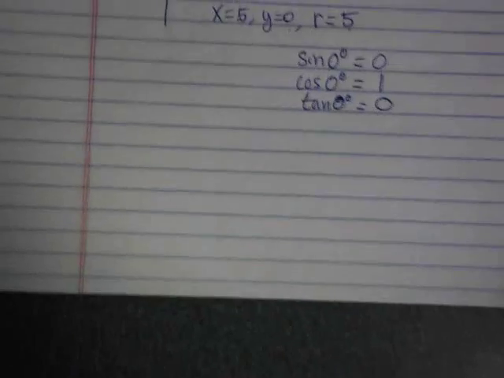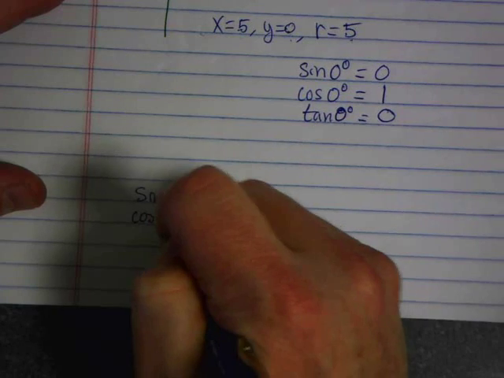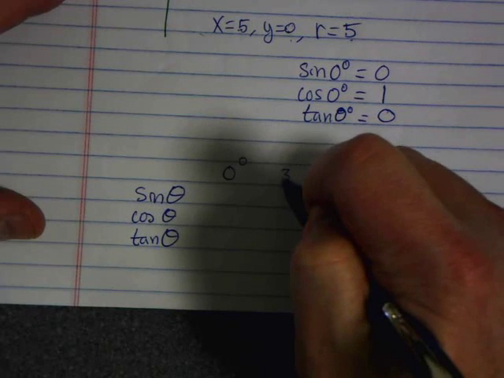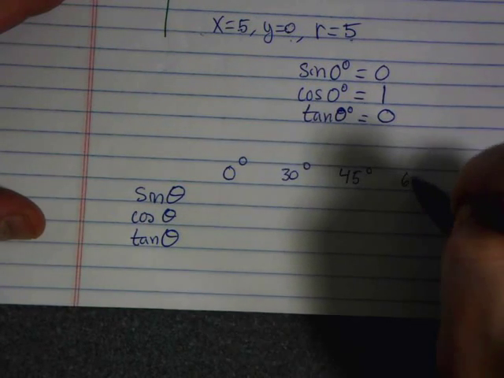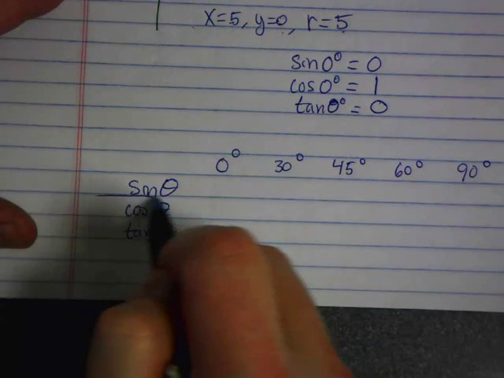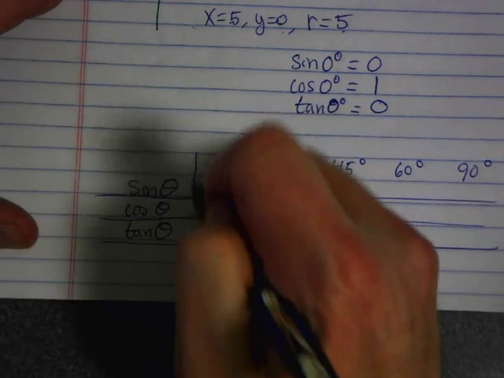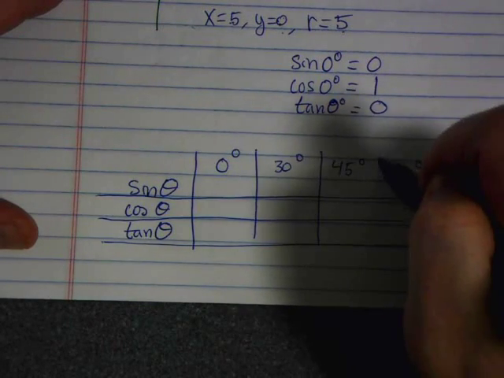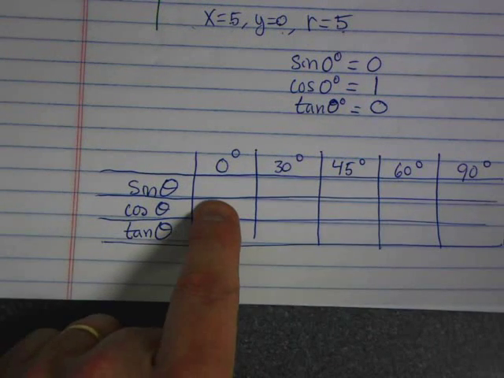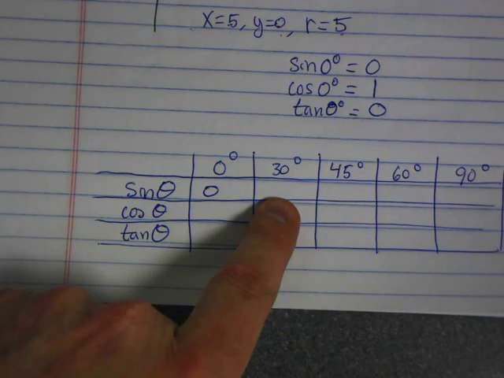All right, so we're going to build our bigger chart. We're going to have sine of theta, cosine theta, tangent theta, and 0 degrees, 30 degrees, 45 degrees, 60 degrees, and 90 degrees. The sine of 0 degrees, we just figured out, is 0. Sine of 30, you're supposed to have memorized already.